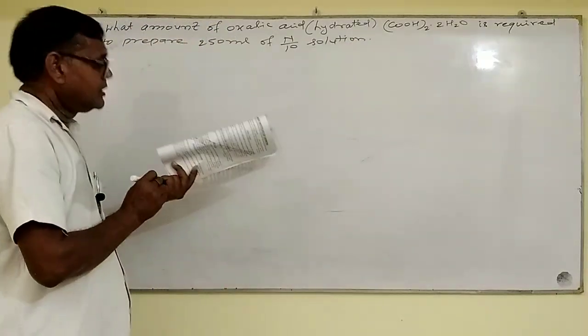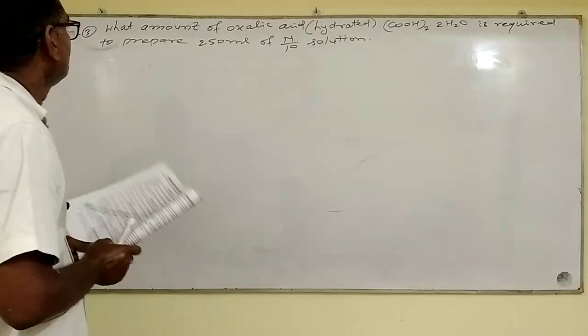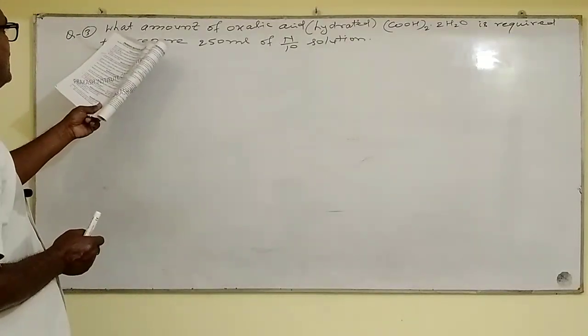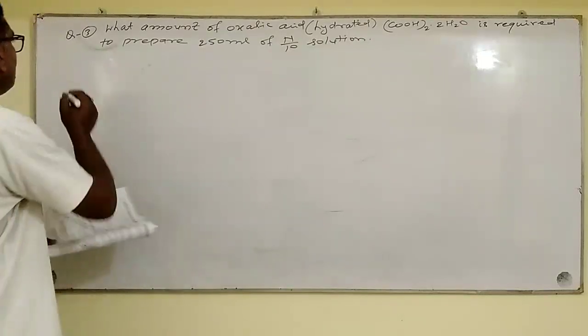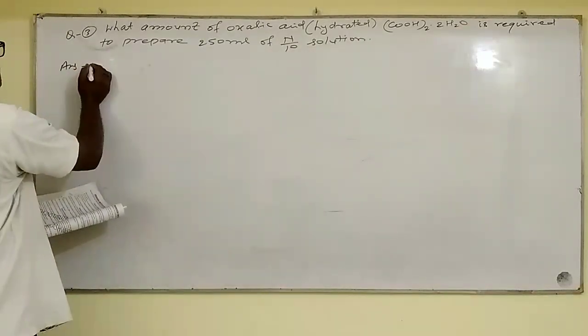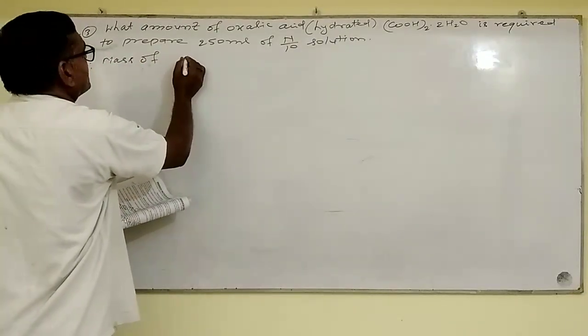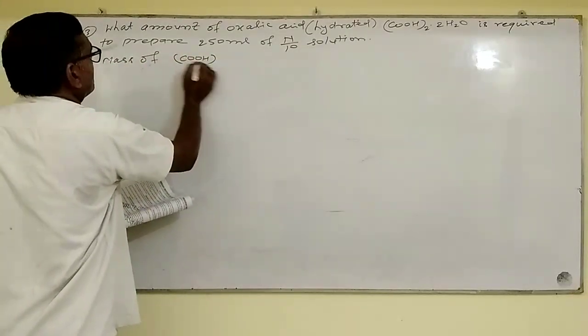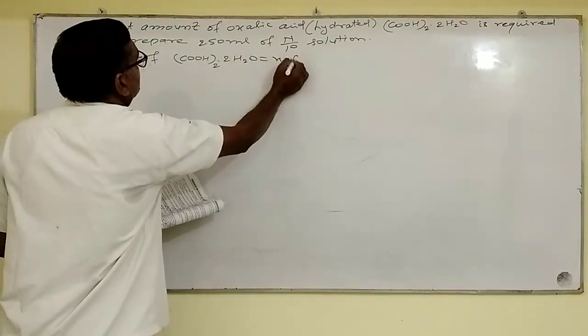In the question, oxalic acid is the solute. Question asks what amount of oxalic acid. Here we write mass of (COOH) whole twice into 2H2O is equal to x gram.